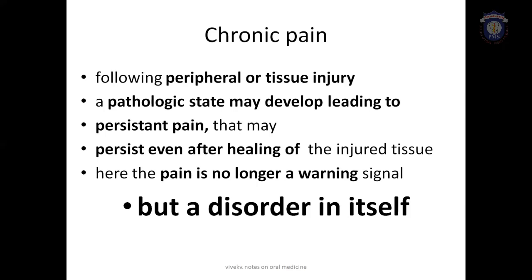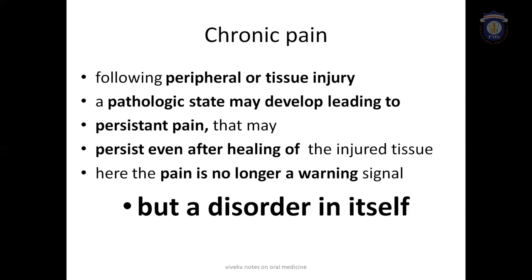As I said before, acute pain can always be indicative of actual or potential tissue damage. But here, in chronic pain, damage has occurred, pain has started, but after pain has started, healing has happened.